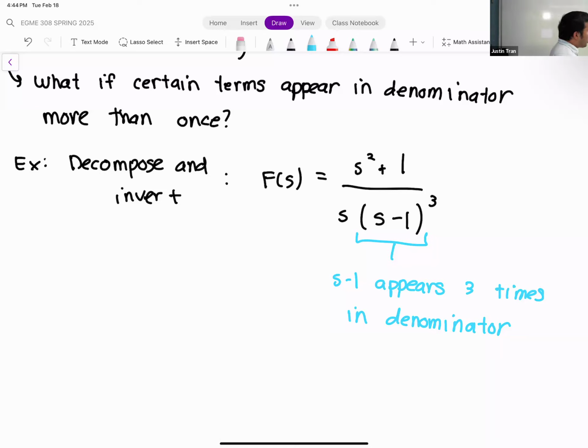When we decompose this, we have to account for all possible iterations of s minus 1 up to that third time.